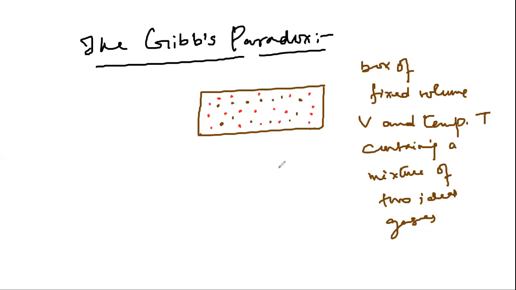We name these gases as gas A and B. Let the red one be gas A and the other one is brown, and the brown one be gas B, right?